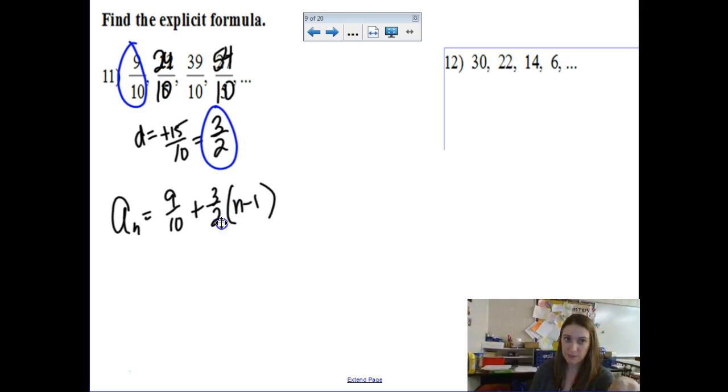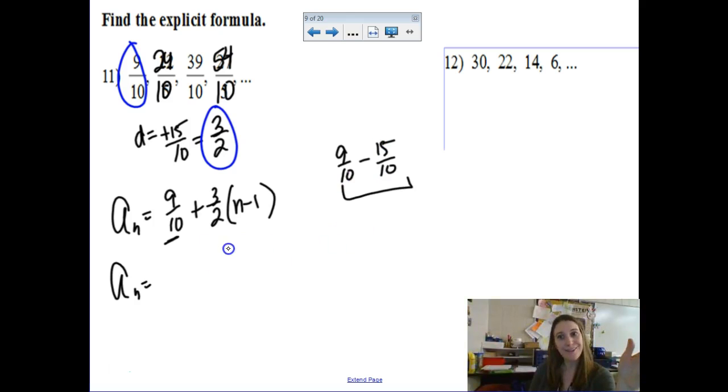Now, the other explicit formula I gave you would be this guy simplified. So you distribute the 3 halves, you collect some like terms. So basically it's going to be 9 tenths minus 3 halves. Oh gosh. Hello, 3 halves would be 15 tenths, right? So putting these together I get negative 6 tenths, which is negative 3 fifths.